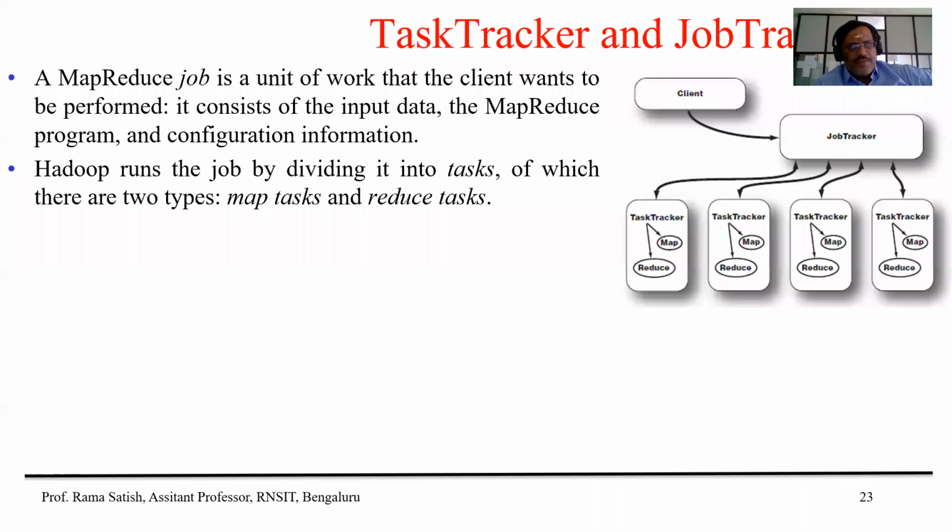Now, Hadoop runs the job by dividing it into tasks. So this is the entire job that is submitted by the client. The job, whatever the client has given, is subdivided into tasks, which are internally executed as two kinds of tasks, that is map task and reduce task.